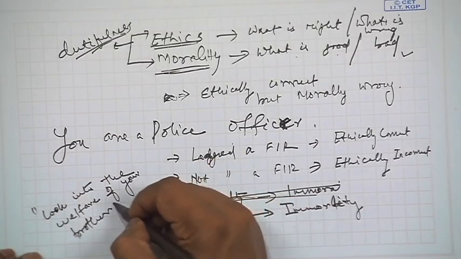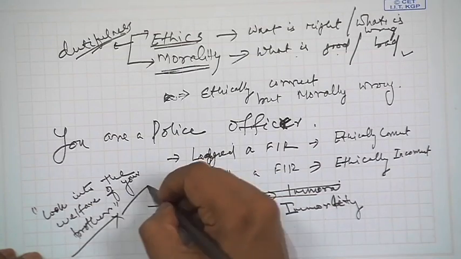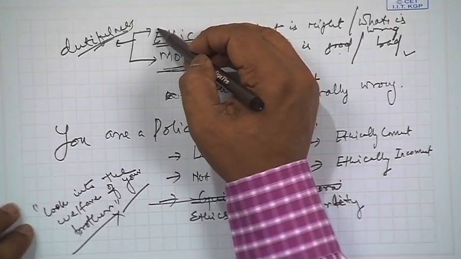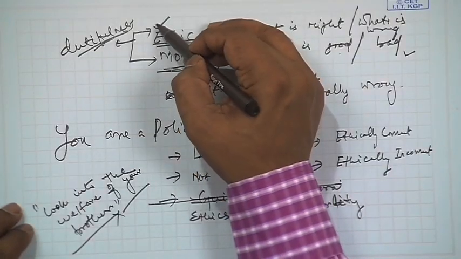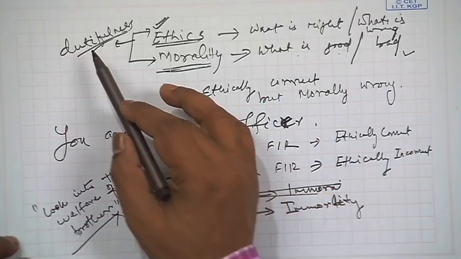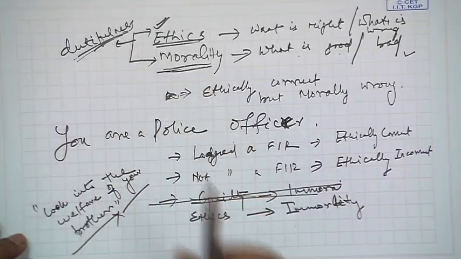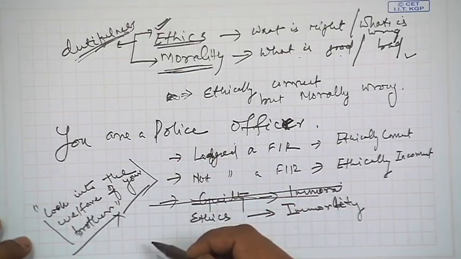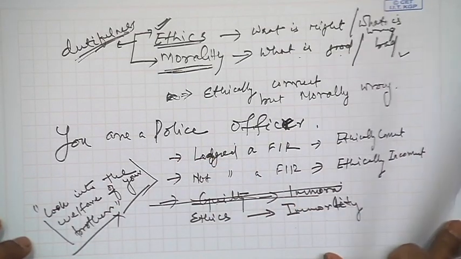This is where you are in a big difficult situation, whether you have to practice ethics or your duties as a police officer, or you will refrain from discharging your duties, saying that you have a moral responsibility to take care of your brother.